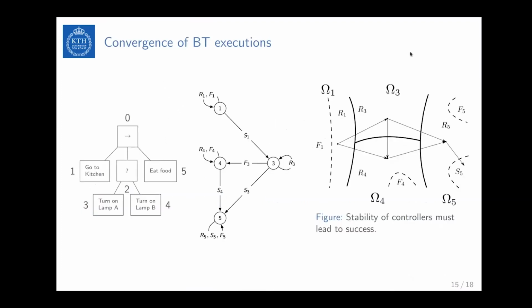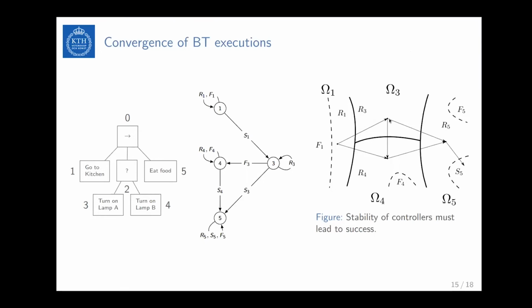Yeah, and so we showed this with behavior trees. In the example I gave earlier with eating food in the kitchen, we have this traversability graph, which basically shows the switching between different controllers. It can be interpreted like this. If you're in operating region 1, the running region, then you're trying to go to the kitchen, and eventually you succeed.